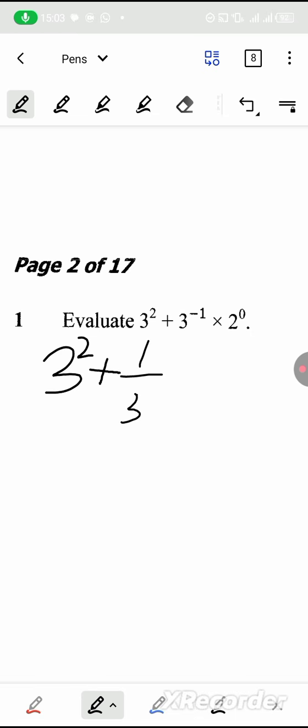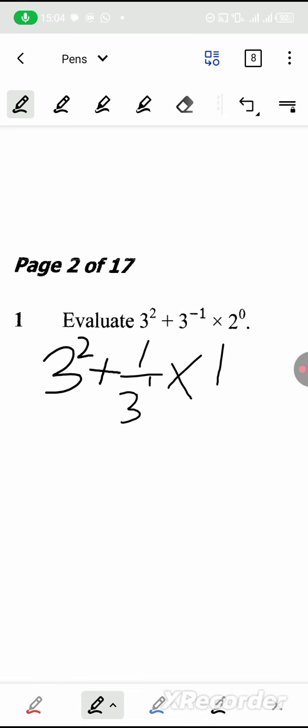Once you write it in inverse, the power changes its sign from negative to positive. Then we have times, and any number raised to power 0 is 1, so 2 power 0 is 1.